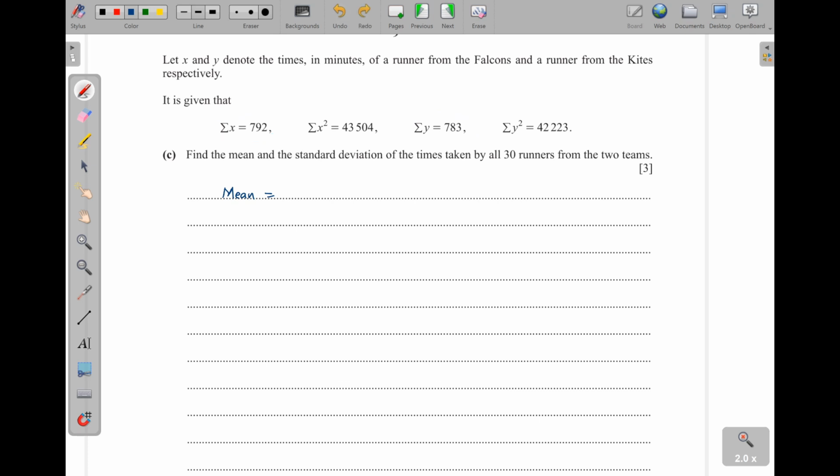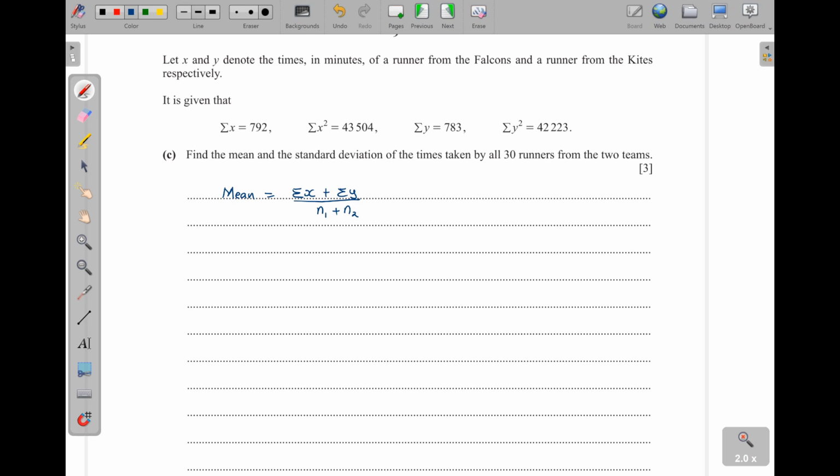So I'll get the summation of X and add the summation of Y. Then, since I've put the two groups together, the total number of people is the number coming from the Falcons and the number coming from the Kites, put together. So I'll have N1 plus N2. Maybe N1 is for the number of people in the Falcons, and N2 for the Kites.